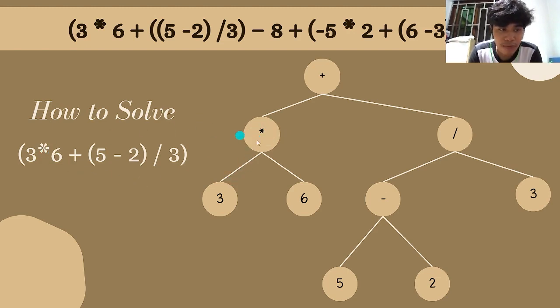So here the multiplication operator bears the child nodes 3 and 6, left and right, respectively, according to where they are placed. So 3 is located at the left side of the multiplication sign and 6 at the right side. And the one we solved earlier, we implement here at the right side of the addition operator. So here you go. That should be the left side expression of this whole equation.